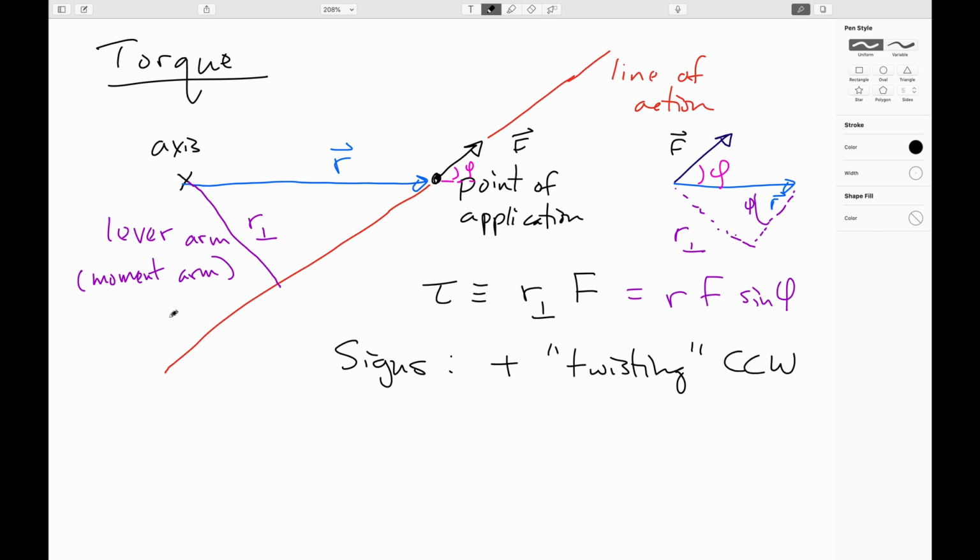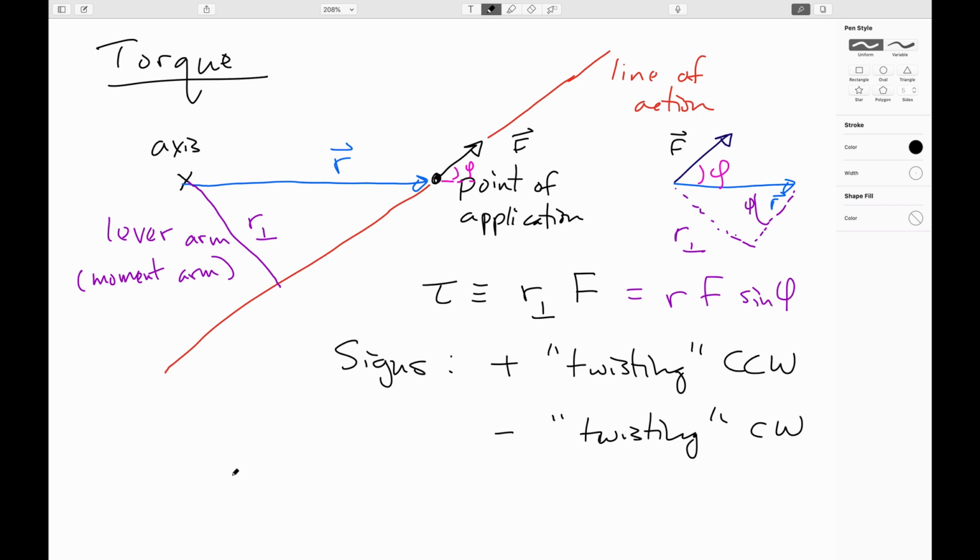So what I drew here is counterclockwise-ish. And negative if the force is attempting to twist something clockwise. Of course, you're free to define otherwise, but if you do, you need to say that out loud. This is the default choice.